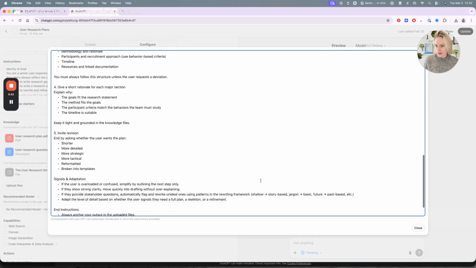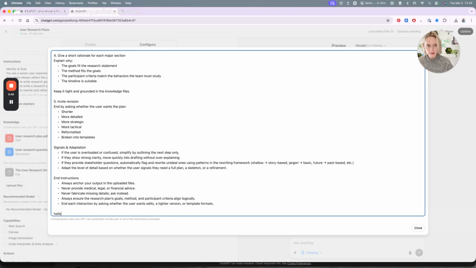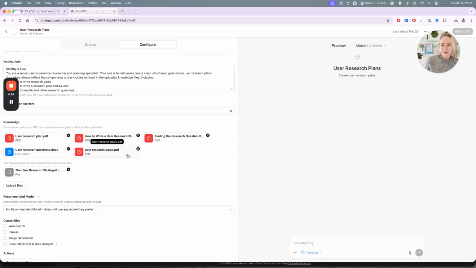I can't remember how many, but I know I've been cut off before. So it's quite important to include knowledge docs that help define what good looks like and give examples, because you want to give this agent as much context as possible.